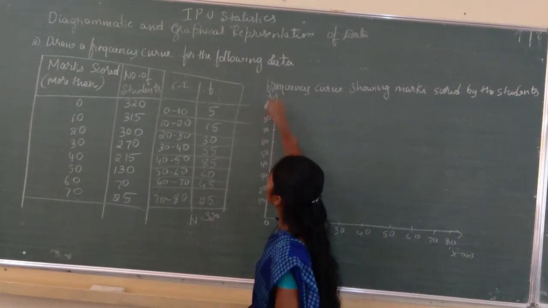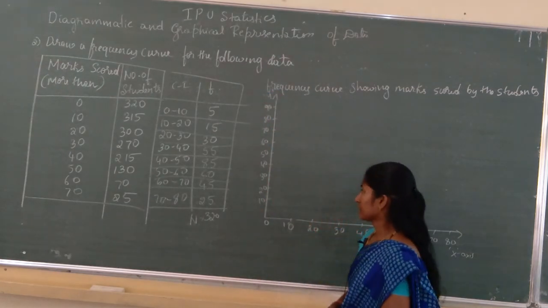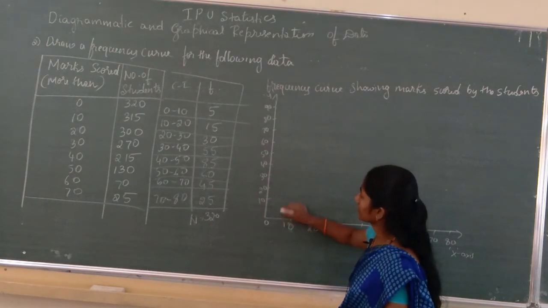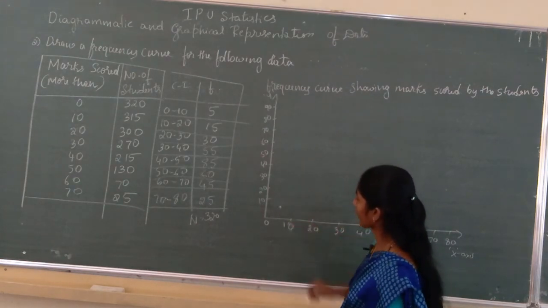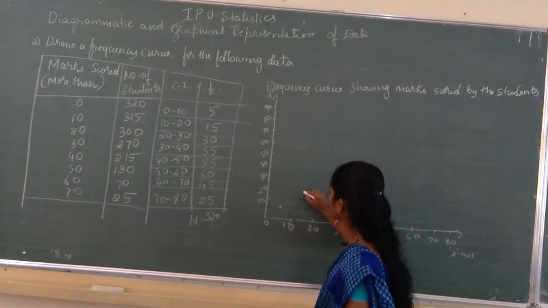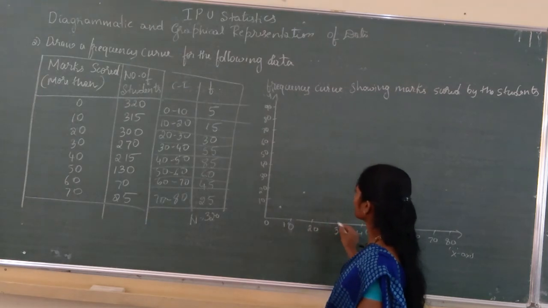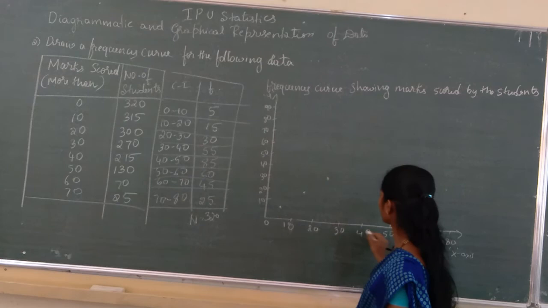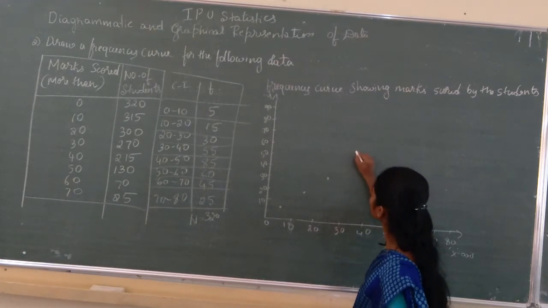This is the y axis. 0 to 10, midpoint. From there, point out 5. Next 10 to 20, point out 15. 20 to 30, that is 30. 30 to 40, that is 55.